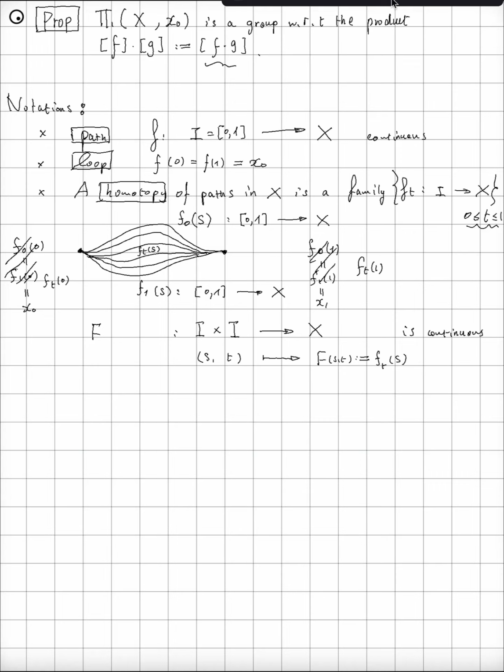That's how we say this family of paths connecting f0 and f1 is a homotopy.